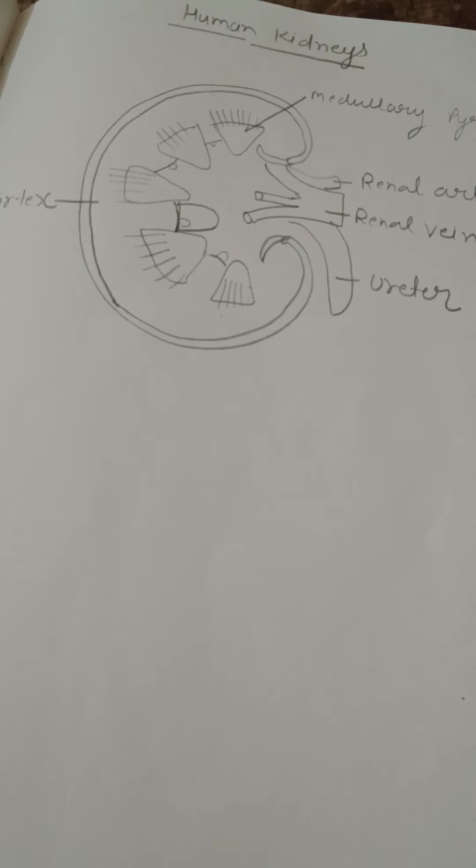These are the urine-producing structures of the kidney. Each kidney excretes urine through a tube called the ureter, which leads to the bladder. So it is all about the introduction of the excretory system and the structure of the kidney.